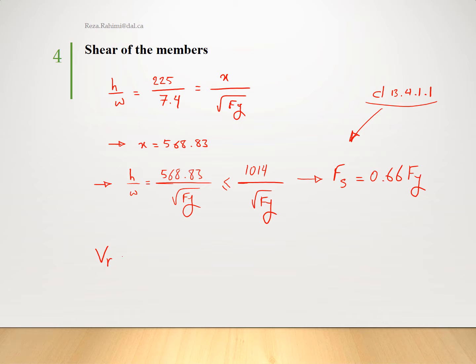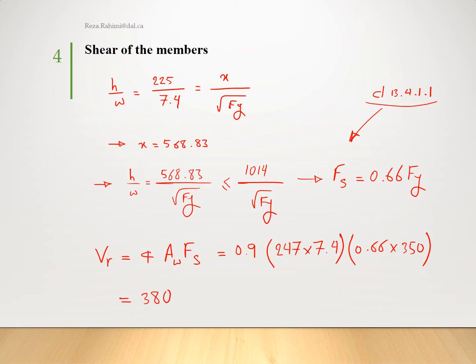Therefore, the shear resistance is equal to phi times A times Fs, A_w, 0.9 times 247 times 7.4, and for Fs, 0.66 times 350, so it will be 380 kilonewtons.